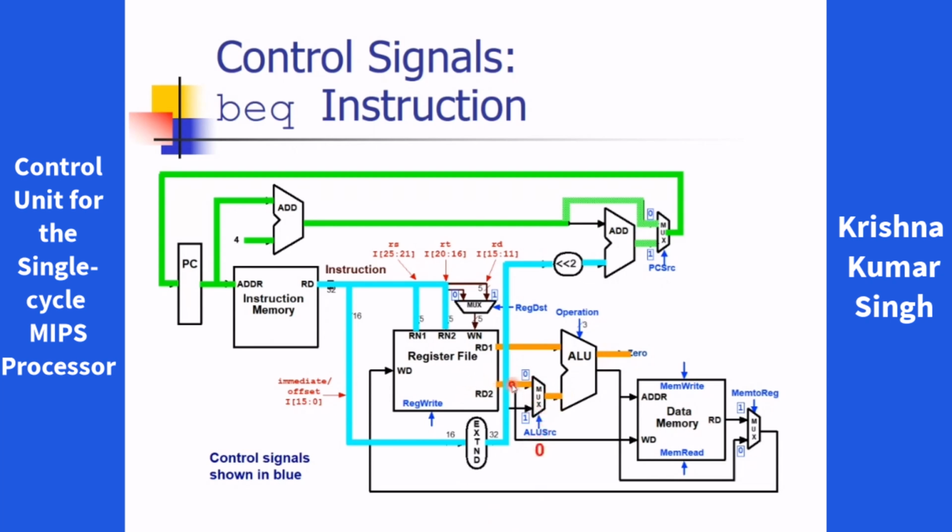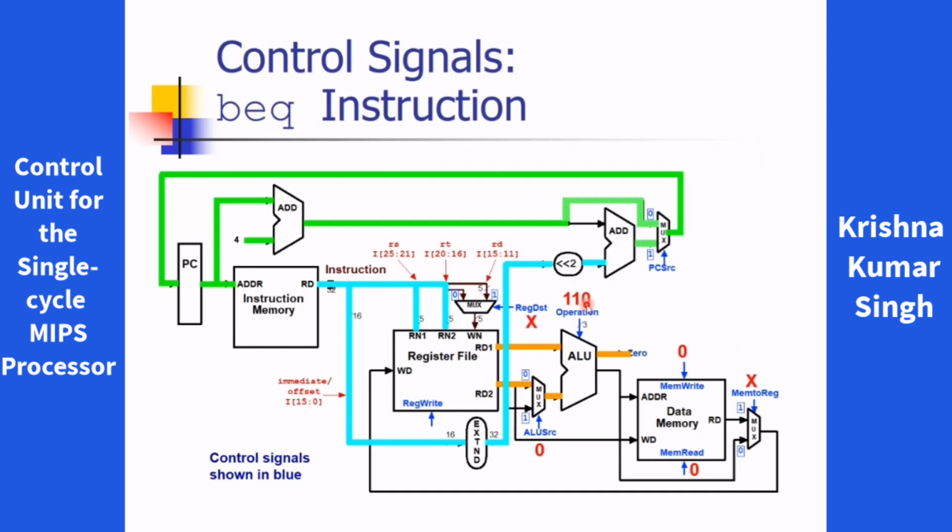Branch equal. For the branch equal, the second input of the ALU comes from the register file, so ALU source should be 0. The operation that should be performed by the ALU is subtract. This is the code for the subtract.